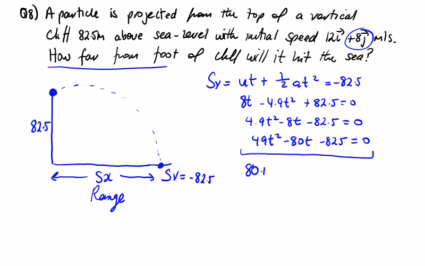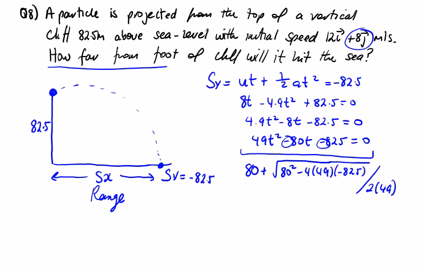Now the minus part won't work because you can see it's going to be with the signs 1 plus 1 minus. So 80 plus the square root of b squared, 80 squared minus 4 by 49 by minus 82.5, which is giving me a plus there, otherwise this wouldn't work, over 2 by 49. I'm getting two answers here. I'm getting my plus answer first.